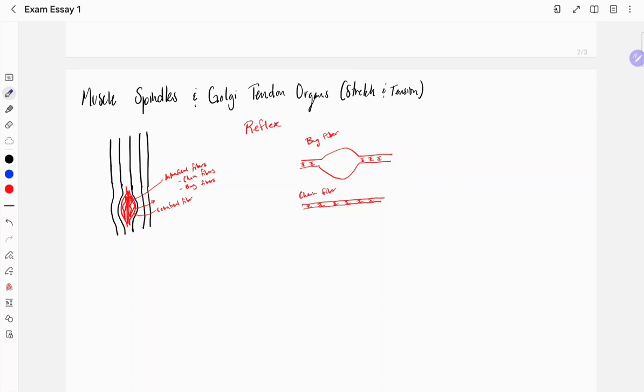But on both of them, we should note that we have these neurons that innervate or wrap around these bag fibers, and they send a signal to the spinal cord. And I believe the same here for these chain fibers.